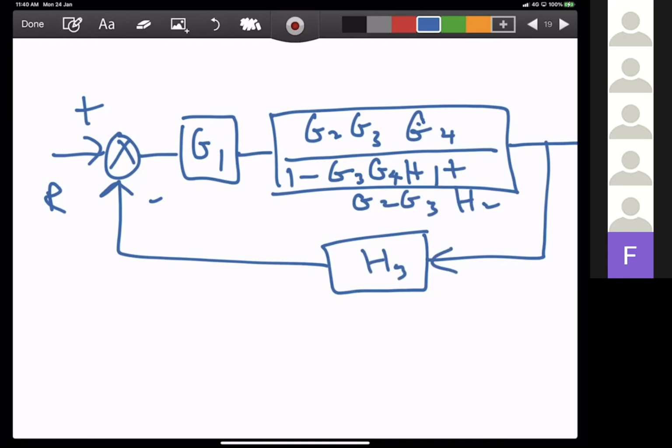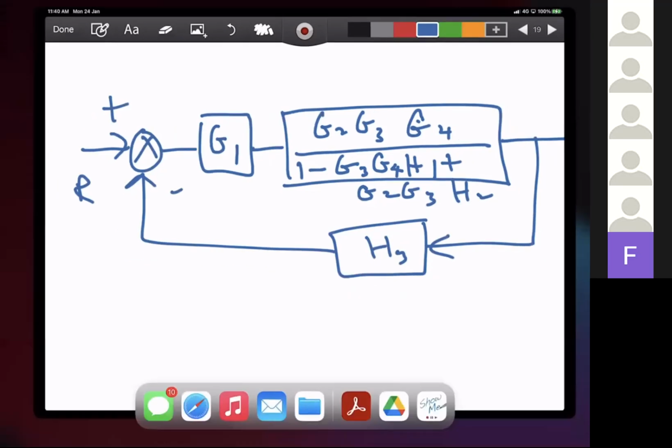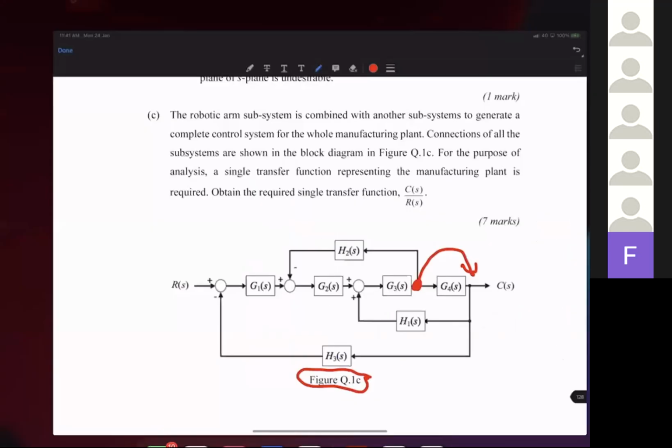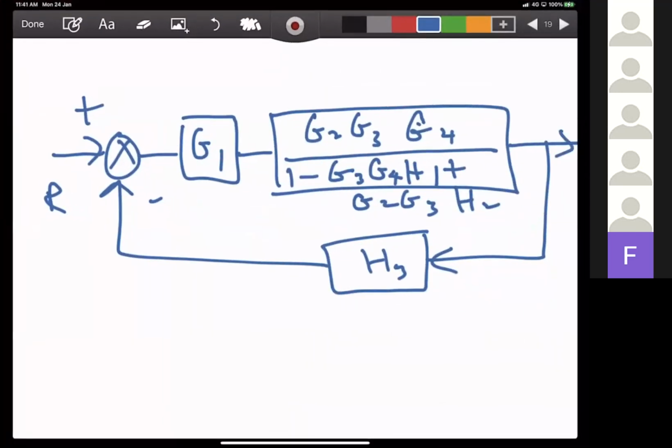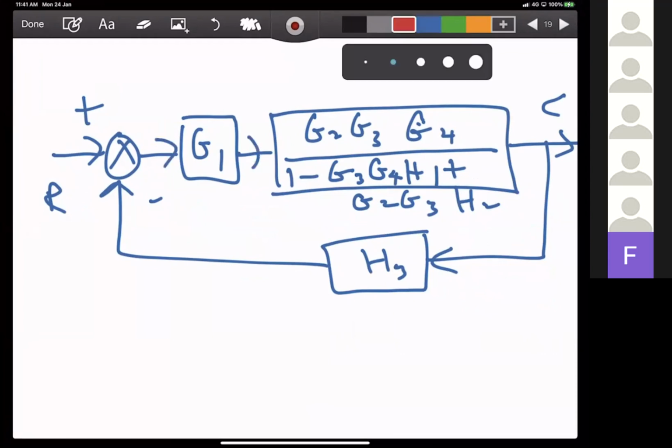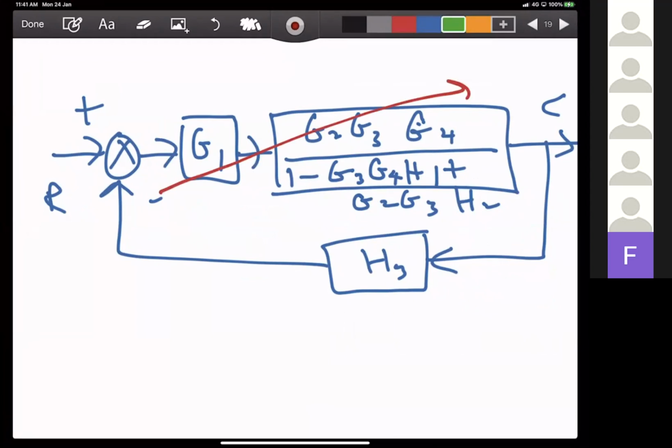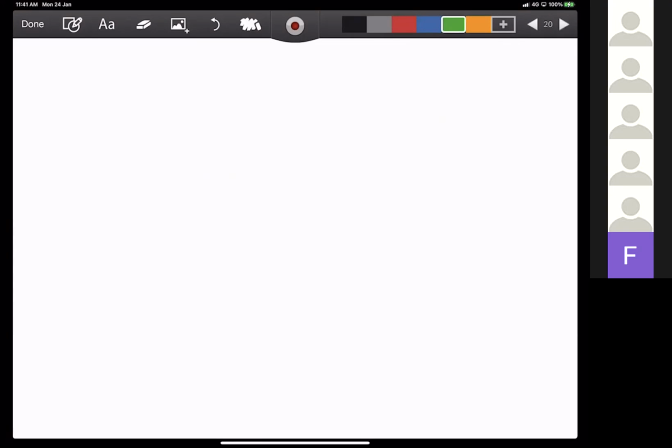Okay. So, orang ni apa? Orang ni C. Okay. Then, ni dah senang lah. This one is just cascaded. Okay, and then feedback. Okay. So finally, you get the answer.